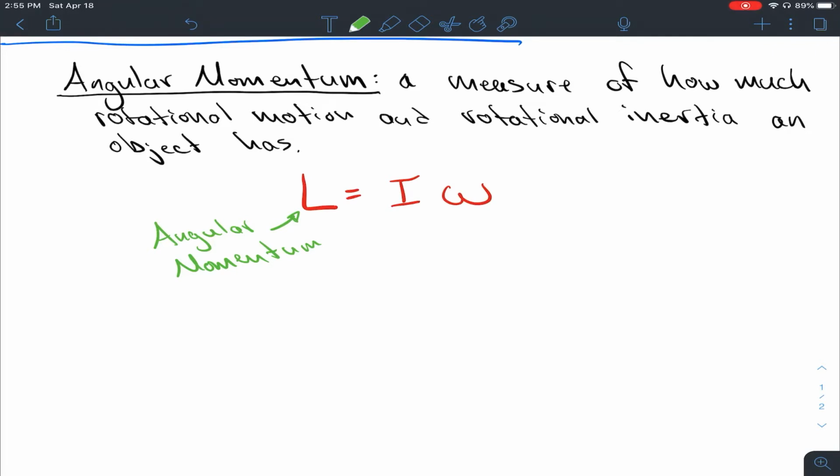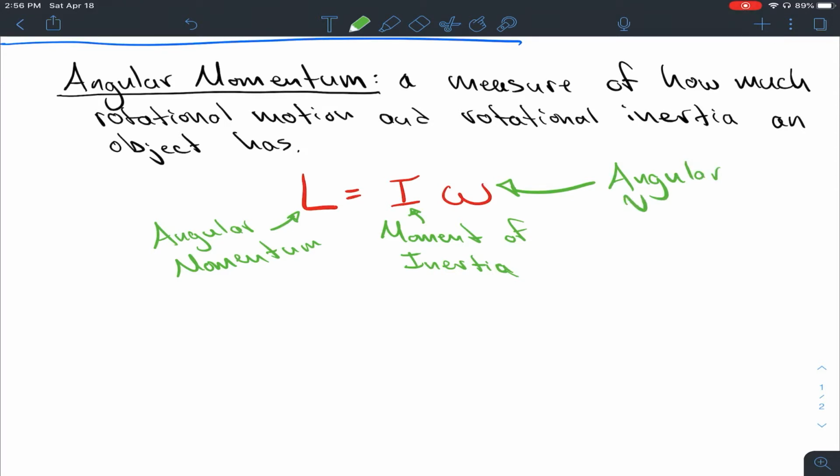I, in this case, is our moment of inertia, or that rotational inertia, and it depends on the type of object and how it's rotating, as we learned. The type of object you have and what axis it rotates about dictates what type of moment of inertia it has. And then we have this omega, which kind of just looks like a W, especially when I write it, but it's angular velocity.